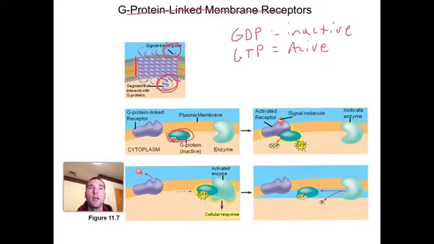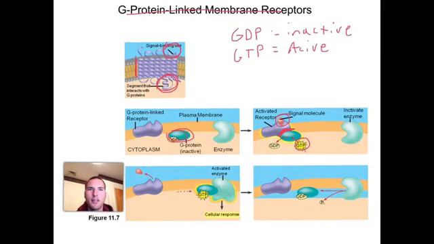Those are two options. So once our G protein receptor receives its signal, whatever that happens to be, then that activates the site on the inside of the protein and makes it an active enzyme, and the reaction that it is going to facilitate is going to be the removal of the GDP, something we don't want, and we're going to place GTP on this G protein, and that activates it.